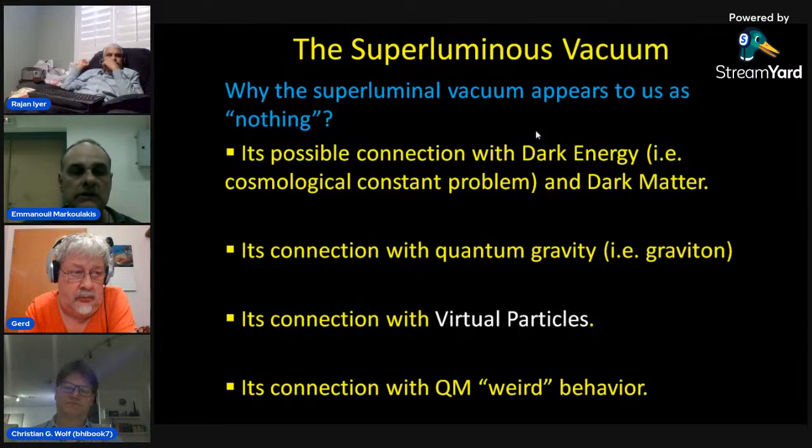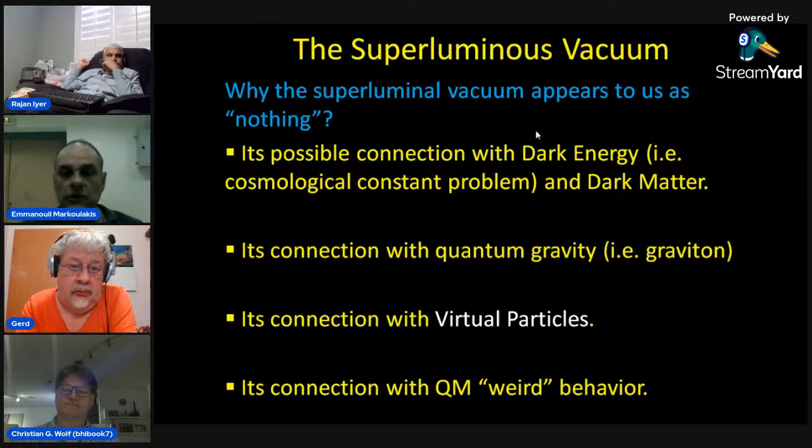The other thing we will discuss is its possible connection with dark energy, aka the cosmological constant problem, because dark energy is very related to this unsolved physics problem today. And of course, also the connection of the vacuum energy with dark matter.